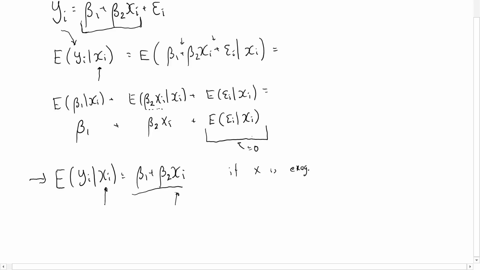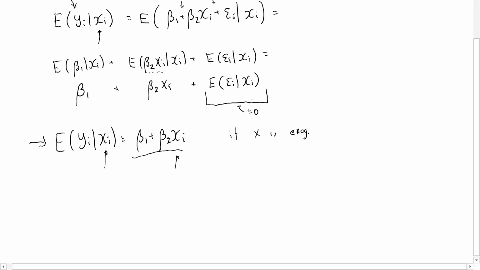Of course, that doesn't mean that that's exactly what will happen. It just means that that's the expected value. Exactly what will happen is this term plus a random error term, but that random error term is 0 on average. So another very useful notation from the linear regression model is that we can specify this part as the conditional expectation if the explanatory variable is exogenous.